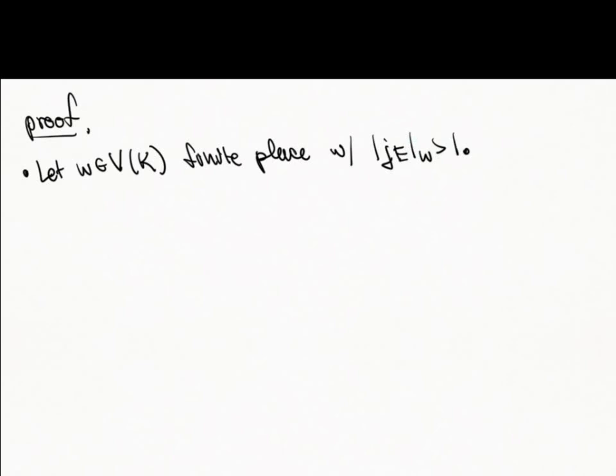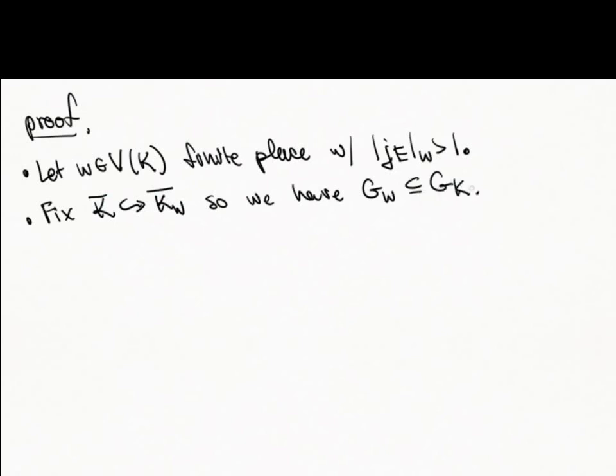And so we'll fix an embedding of K bar into the algebraic closure of the completion, and so we have a decomposition group here, G_w. So this is the absolute Galois group of the local field, and this will be inside the absolute Galois group of the field.